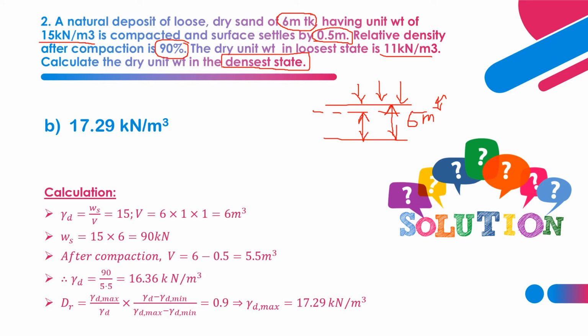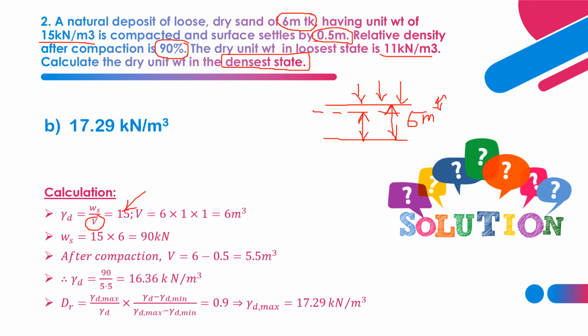Gamma D is different, and it is related to the whole soil. That's why we are using volume of soil. So gamma D is equal to weight of soil solids divided by total volume of soil. That is nothing but 15. They have given the unit weight of dry sand before compaction as 15. So 15 we have assigned.